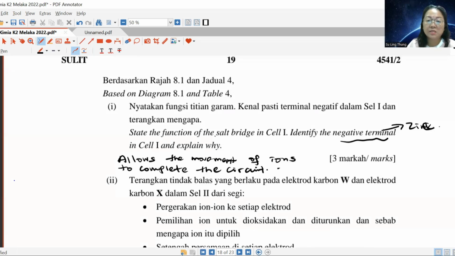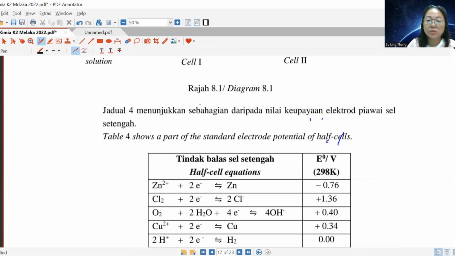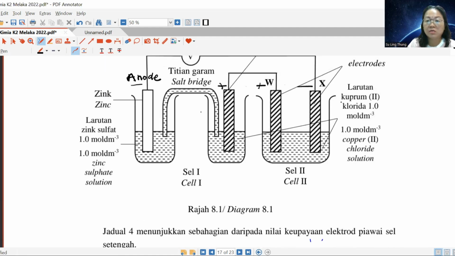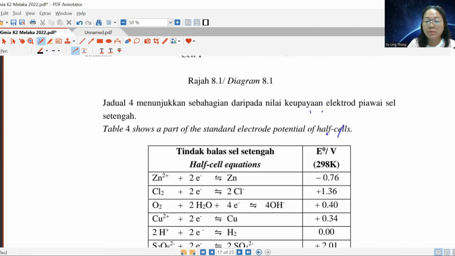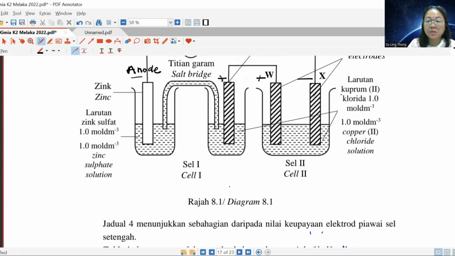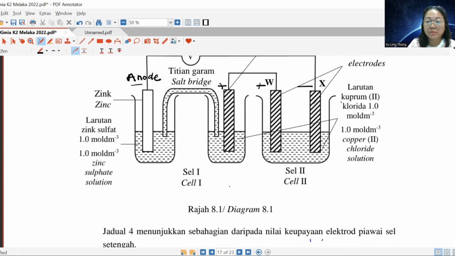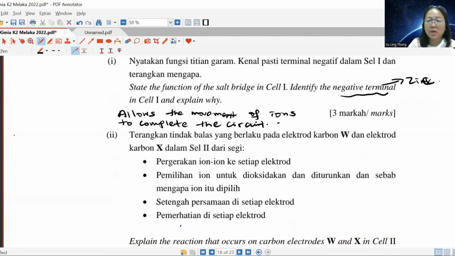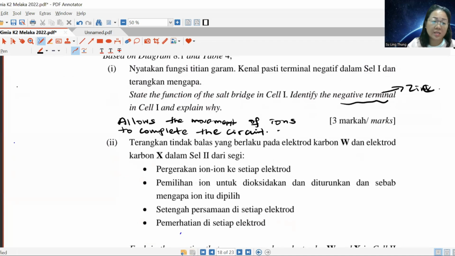It's because of the electropositivity, or in other words, we can actually use the E0 values given here, whereby the E naught value of zinc is more negative compared to copper. That's what makes it the negative terminal actually.